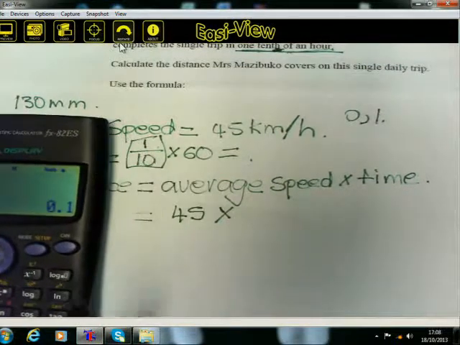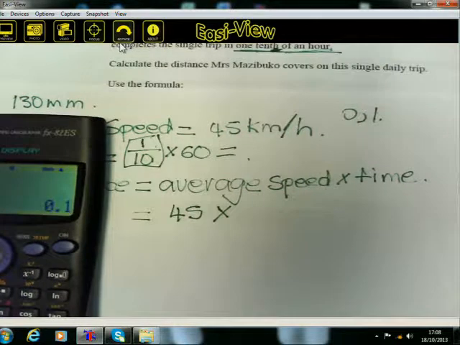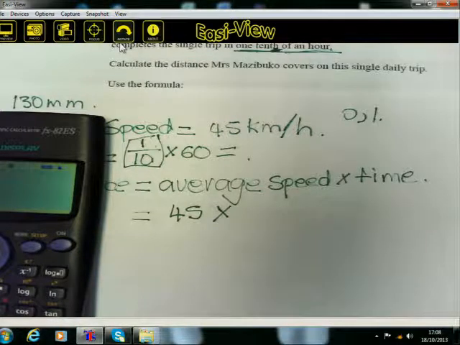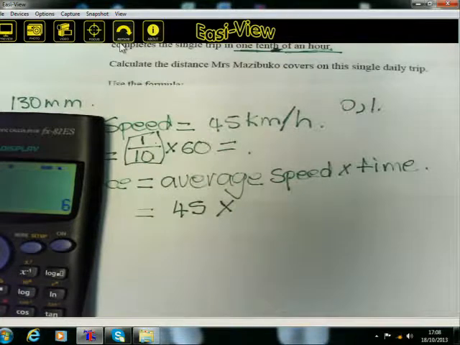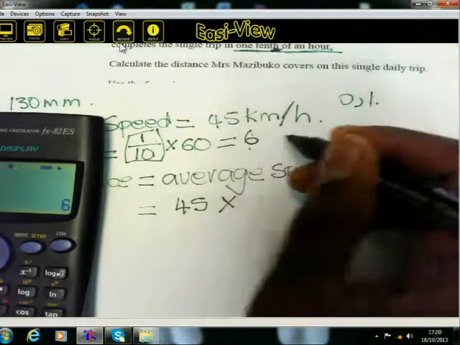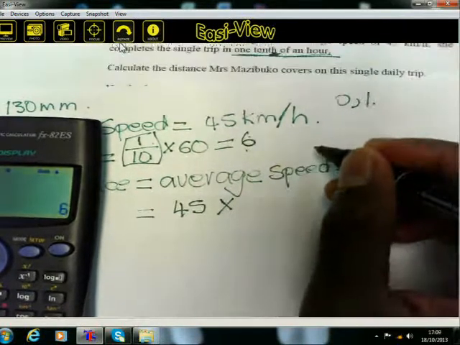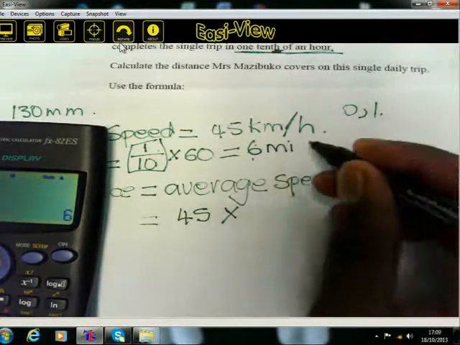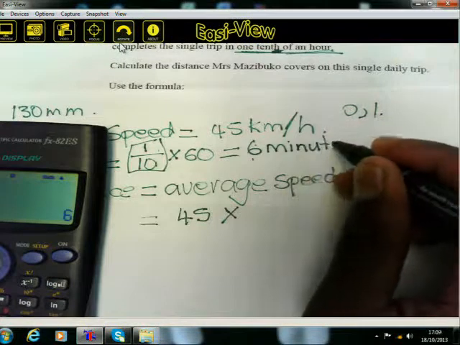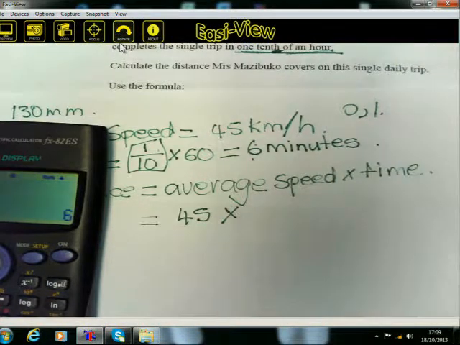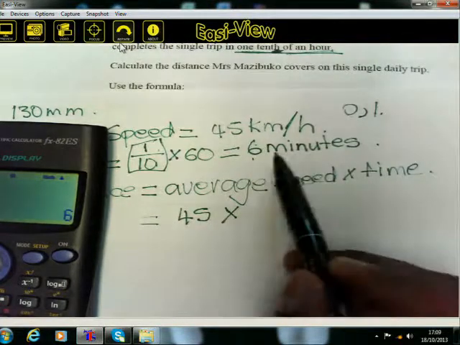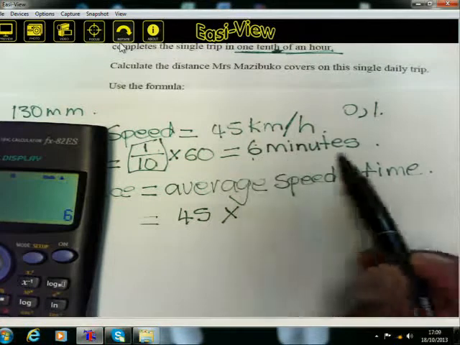Therefore, here you are going to say 0,1 multiplied by 60 equals 6 minutes, because it is 1/10 of an hour. It's equivalent to 6 minutes.